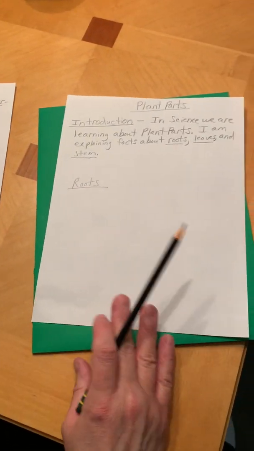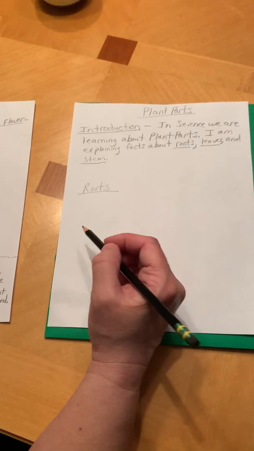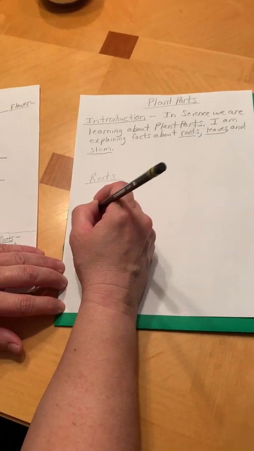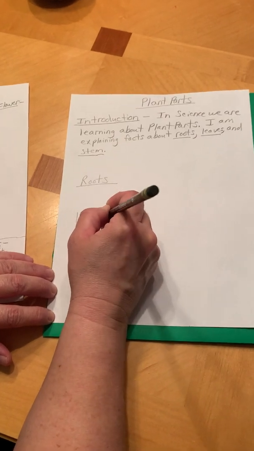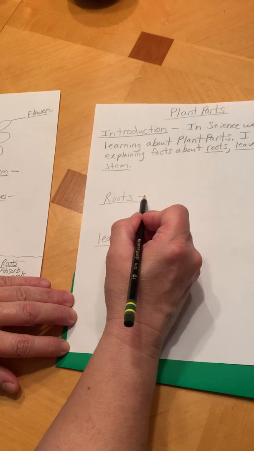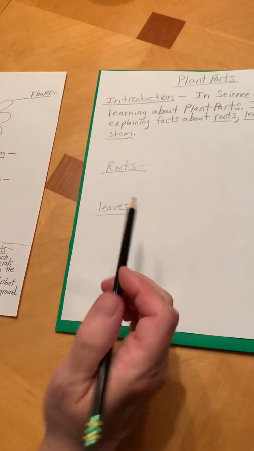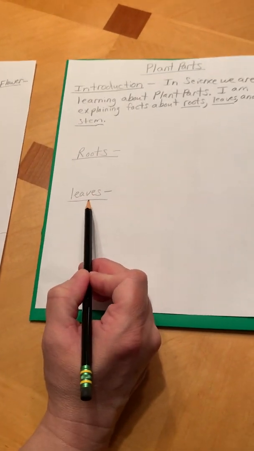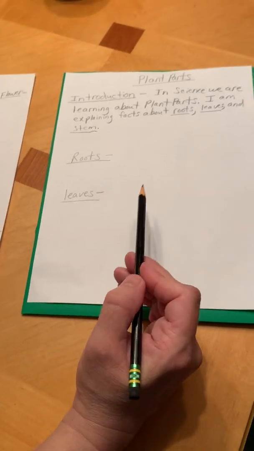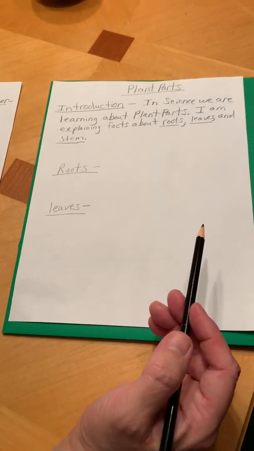Okay? Then let's say you want to talk about, in the next paragraph, the leaves. You could do a heading like this, and then you have to say the job of the leaves. What do the leaves do for the plant? The leaves do this for the plant by using this and this.